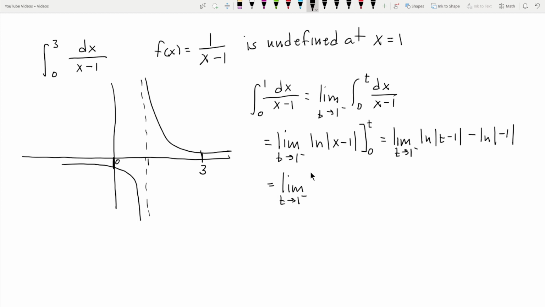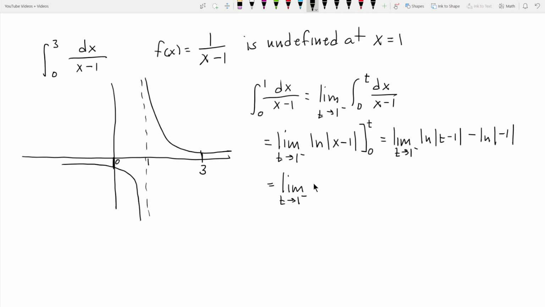What I'm getting there would be infinity minus infinity, and I don't want that because that's a L'Hopital's form that gets confusing. But the absolute value of negative 1 is 1, and ln of 1 is 0, so that last term is going to be 0.